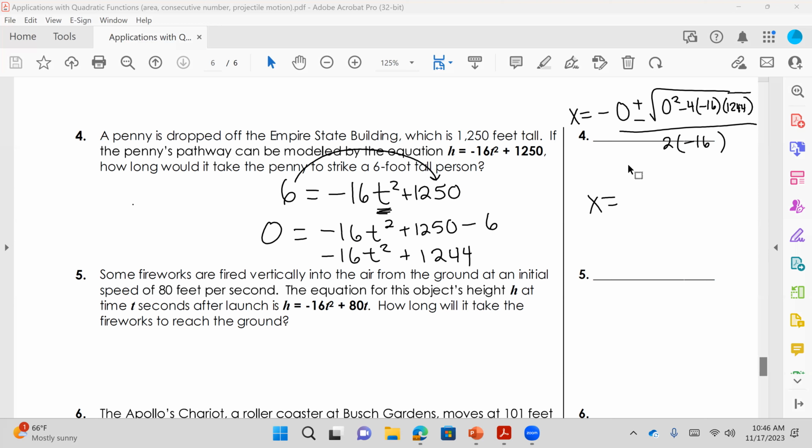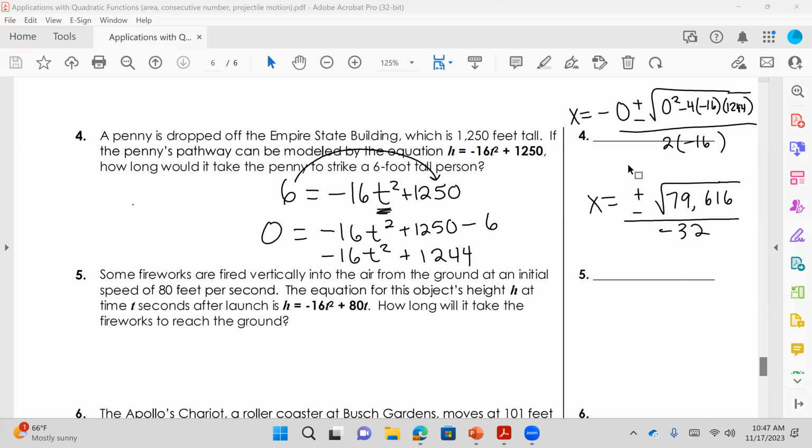We get plus or minus the square root of, can you guys type this into the calculator? What's negative 4 times negative 16 times 1,244? 79,616. Thank you. All over 2 times negative 16, which is negative 32.